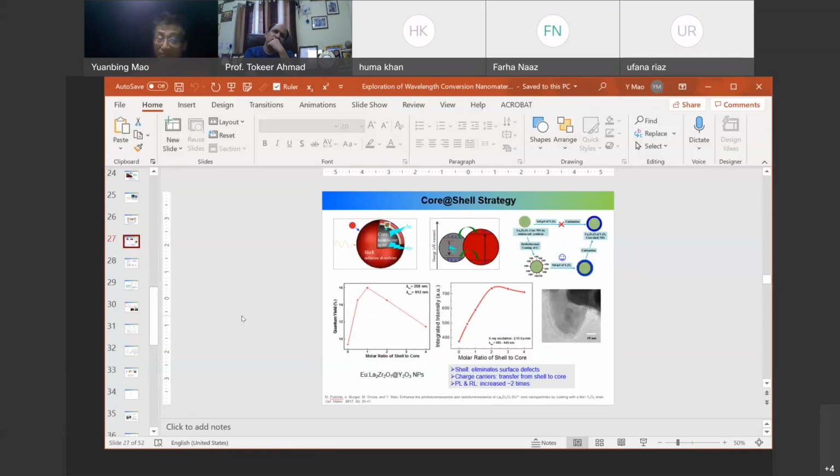Yeah, so one easy thing to think about is to use different dopants, right? And that will give us a different luminescence. The core shell strategy I showed here is basically to try to improve, enhance the luminescence.